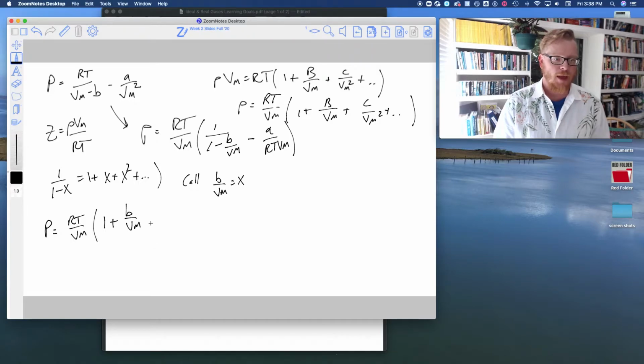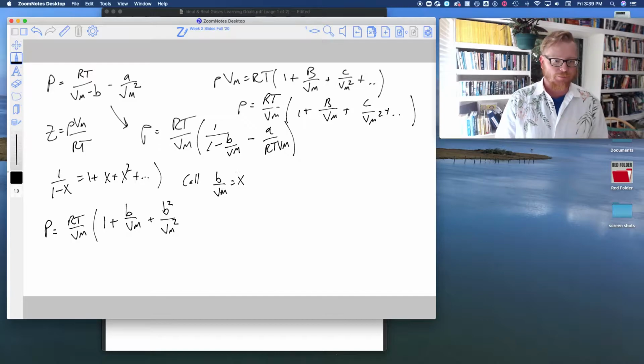Then I've got an x squared, which is B squared over Vm squared. I'm going to cut it off there and not add any more expansion terms, because I cut it off at the square right here too.